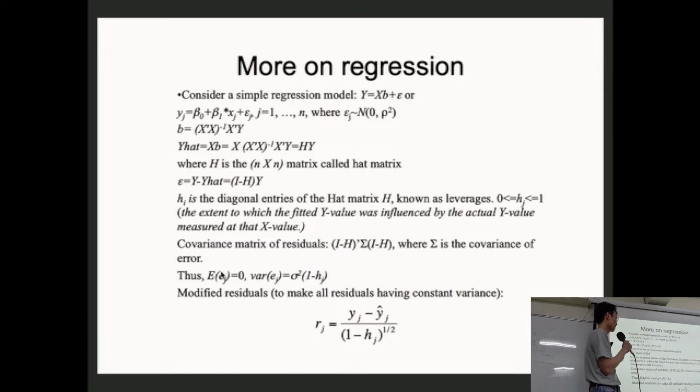Remember that you have to calculate the modified residual following this formula. And what is h_j? h_j can be obtained by this, and the diagonal entry is your h_j.